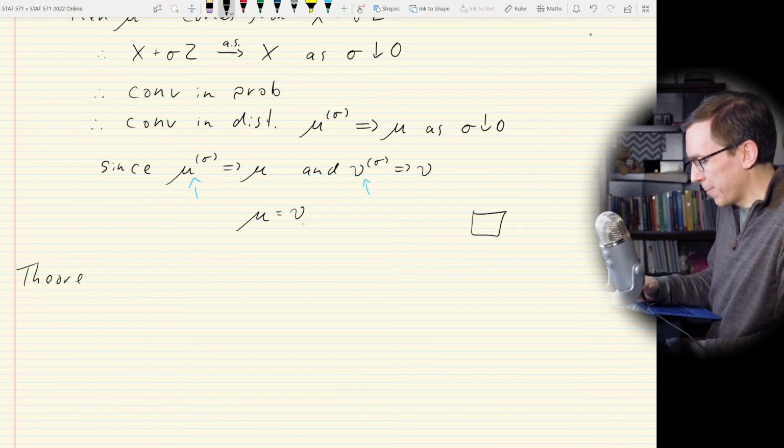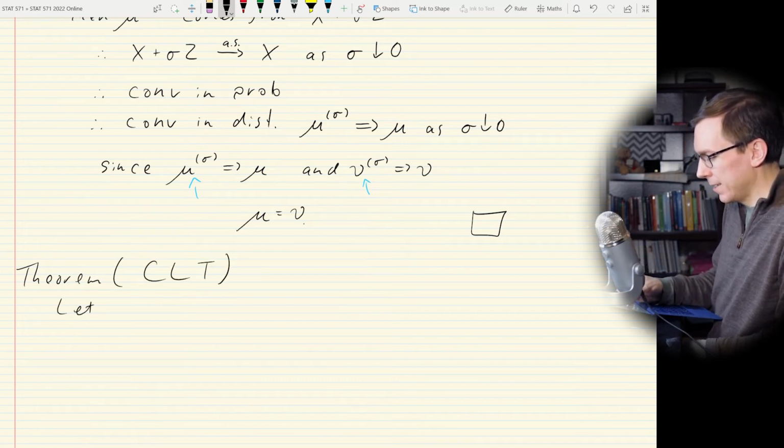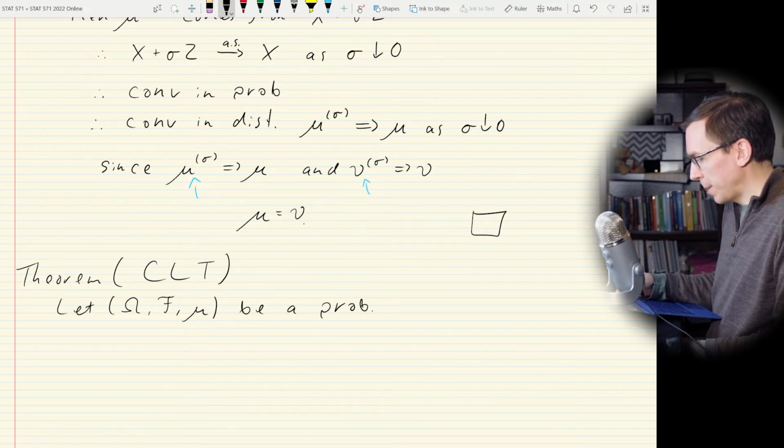So here's the main theorem we're interested in today, CLT, the central limit theorem, and it says let omega, F, mu be a probability space.